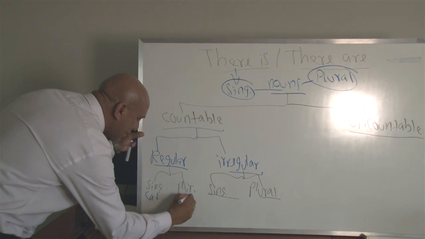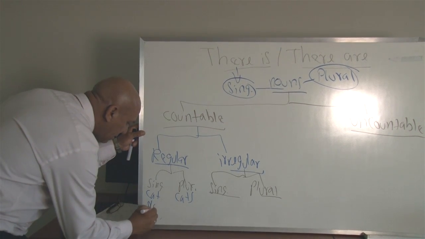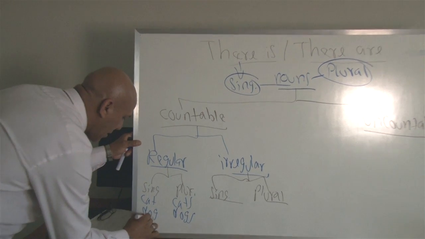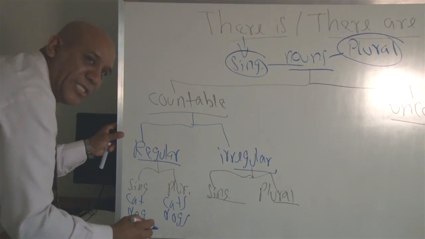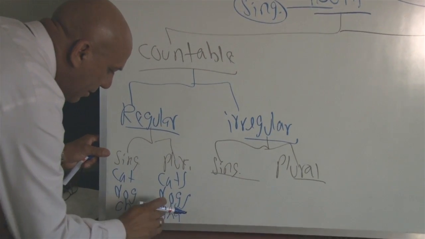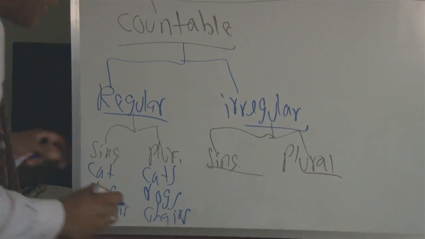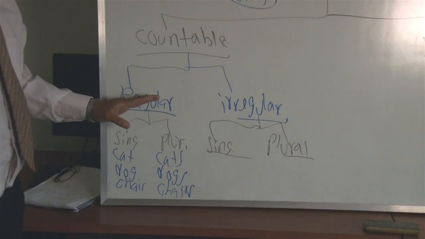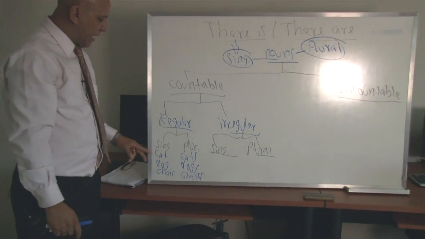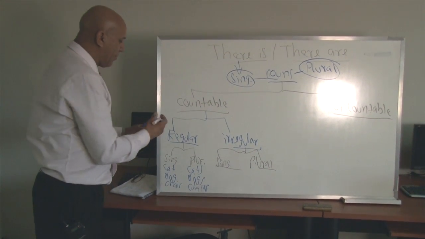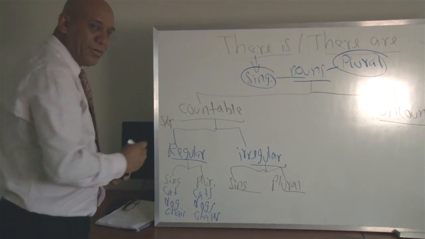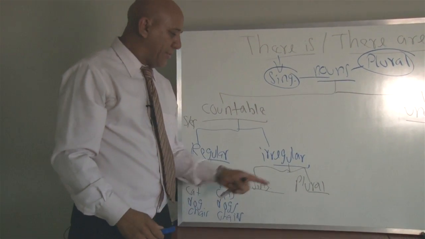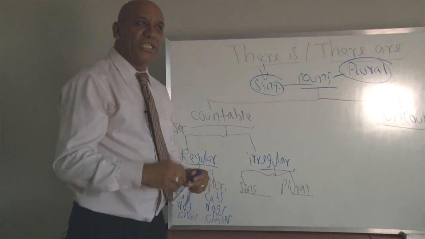To see some examples, we can say cat, cats, dog, dogs, chair, chairs. For regular nouns, to change from singular to plural, we add s or es. In the case of irregular nouns, they change their form.